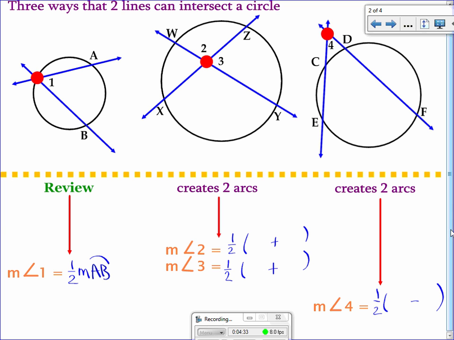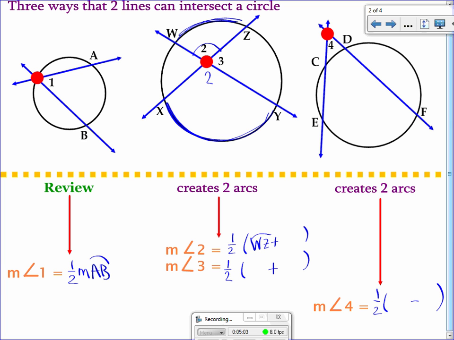Here's what we end up adding together. To find the measure of angle 2 right here, we're going to add together the 2 arcs that it's open to. Now, angle 2 right here is really only open to that arc above it. But isn't this going to be the same measure, whatever it is? So these 2 are with angle 2. So we're going to take WZ plus XY.